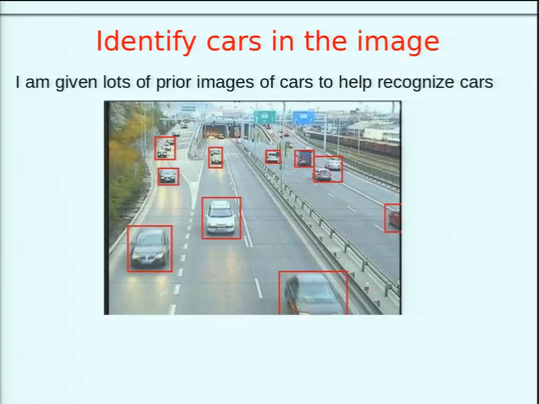Okay, fine. But how do you identify where the objects in the image are though? Right, so you need some image processing here, but this can be thought of as an unsupervised learning problem.